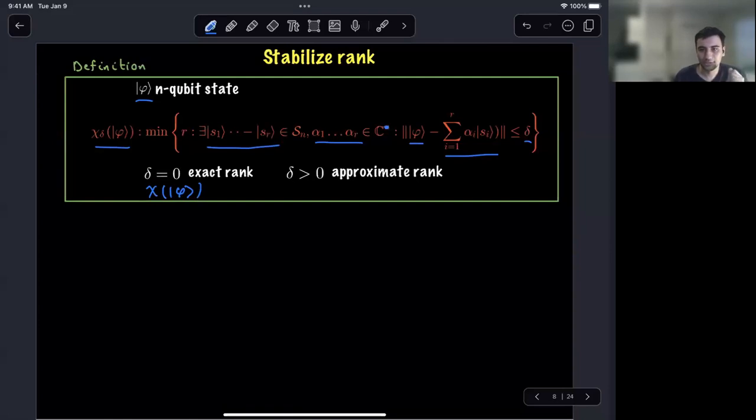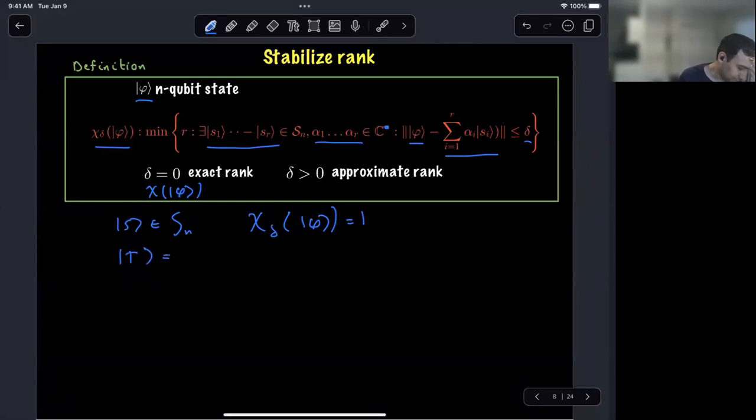Just to give some examples, if you have a stabilizer state, then the stabilizer rank is just 1, because you can write it as itself. You don't need anything.